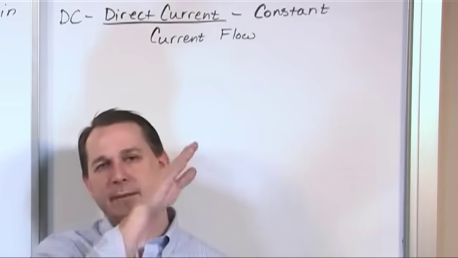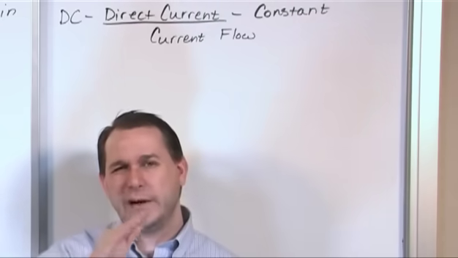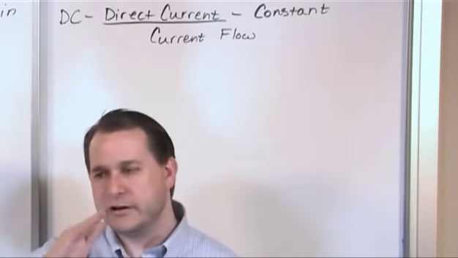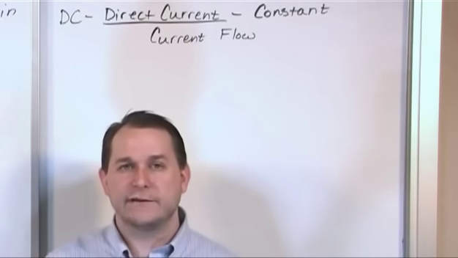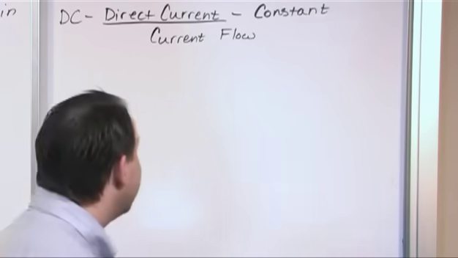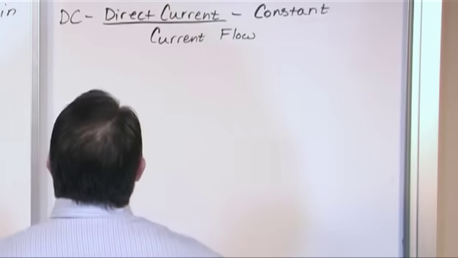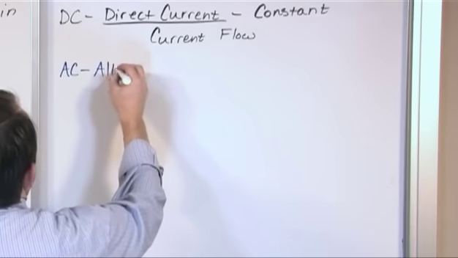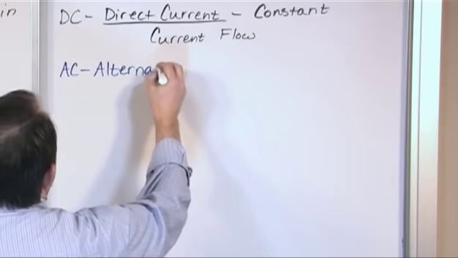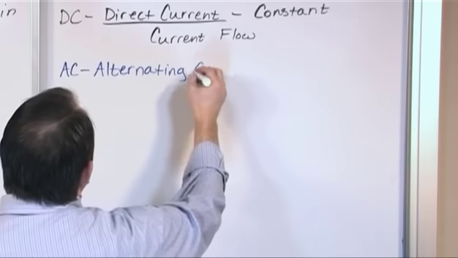Now, in reality, the battery is going to die down and get weaker and weaker, so the current does eventually bleed off. But if you take a snapshot and look at it, the current is a constant. It's called direct current. All right, now let me contrast that to AC, which I know you've heard of, and that's called alternating current.